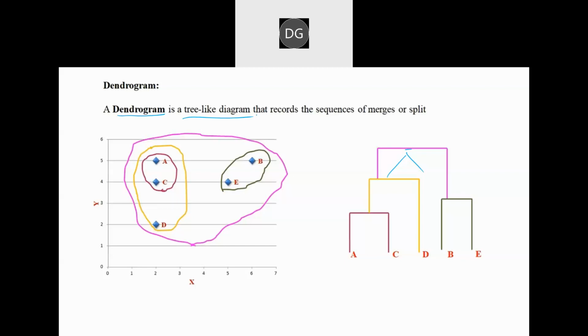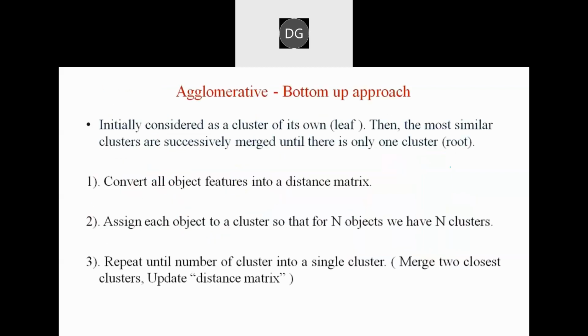In the upcoming example we are going to see how it combines all the values into a single cluster. In a graph, this is how I would represent it, but if I convert it into a proper chart-like structure, this is how it creates the structure. So this is the agglomerative bottom-up approach.